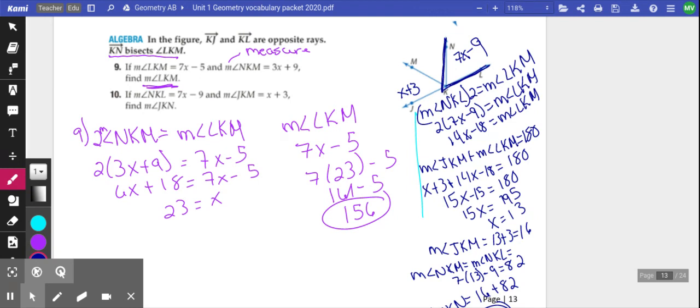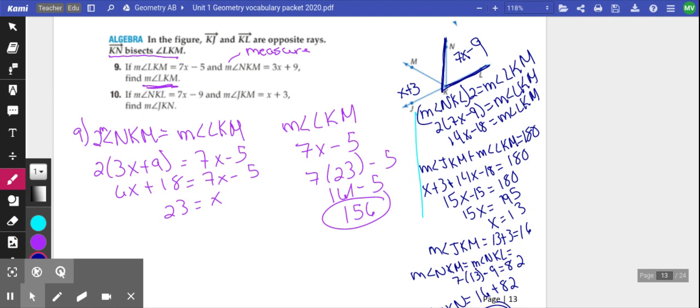The reason why I needed to know that is the other angle they gave me is JKM. And the only thing I know about JKM is that JKM and MKL are a straight angle because they're on opposite rays. So that means JKM plus LKM equals 180 because it's a straight angle. So I use that and I find out x equals 13.